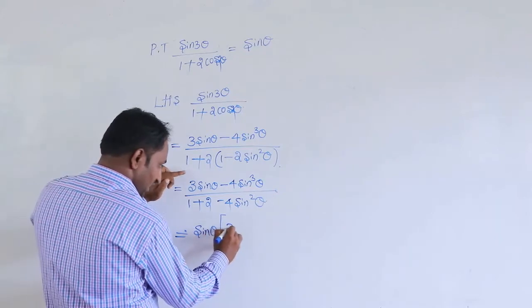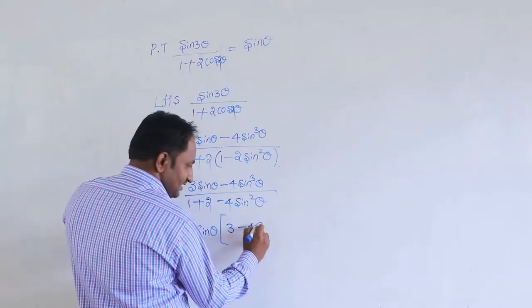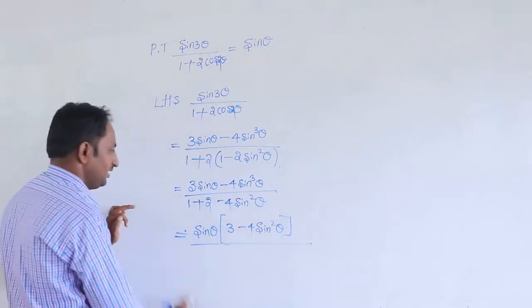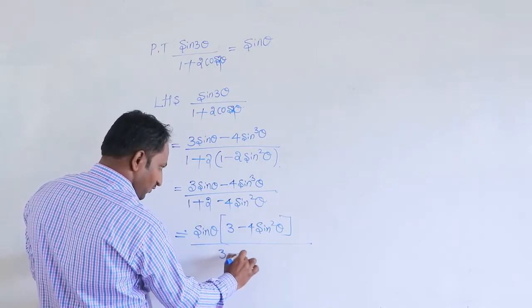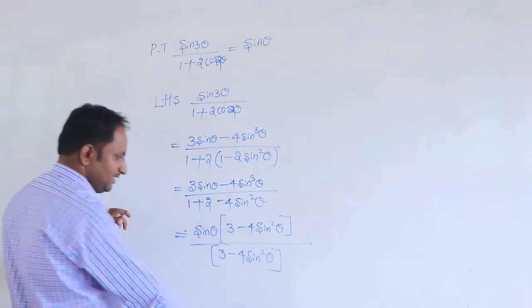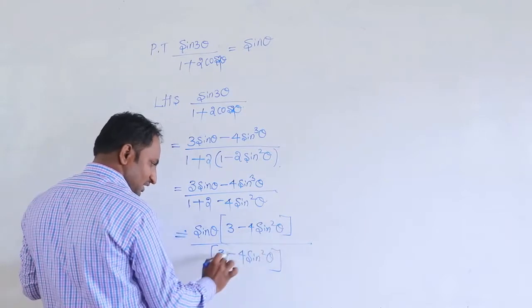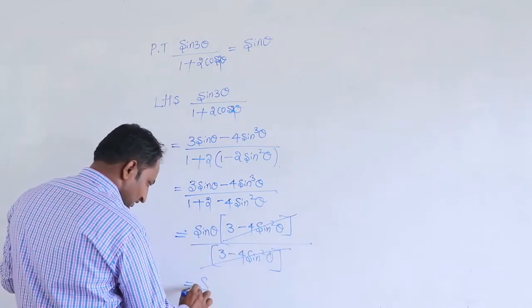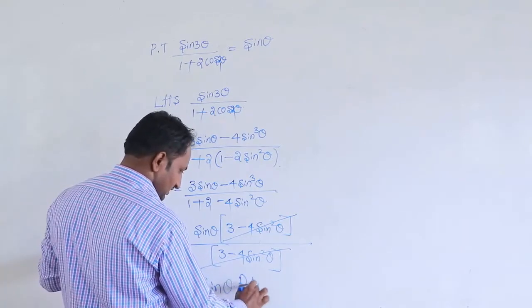We get 3 minus 4 sin square theta divided by 1 plus 2 minus 4 sin square theta, that is 3 minus 4 sin square theta in the denominator. Here 3 minus 4 sin square theta, 3 minus 4 sin square theta get cancelled. We get sin theta in RHS form. That is the RHS result.